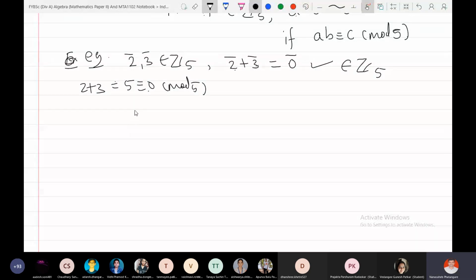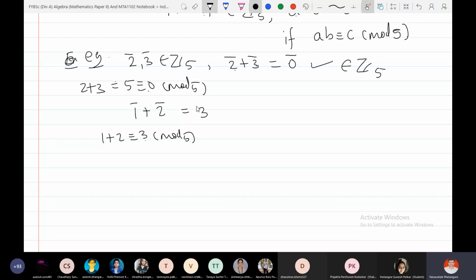Now, what is 1 bar plus 2 bar? Now you tell me. What is 1 plus 2? 3, right? And 3 is congruent to 3. So 1 plus 2 is congruent to 3 modulo 5. We cannot reduce it further because 3 is already the smallest in this case. So it is 3 bar.